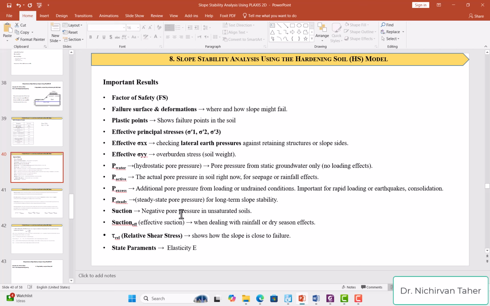It shows us how close the slope is to failure. Also, we will state the elasticity parameters, because in Mohr-Coulomb we used a fixed elasticity, but in the hardening soil model the elasticity is stress dependent, so it changes.